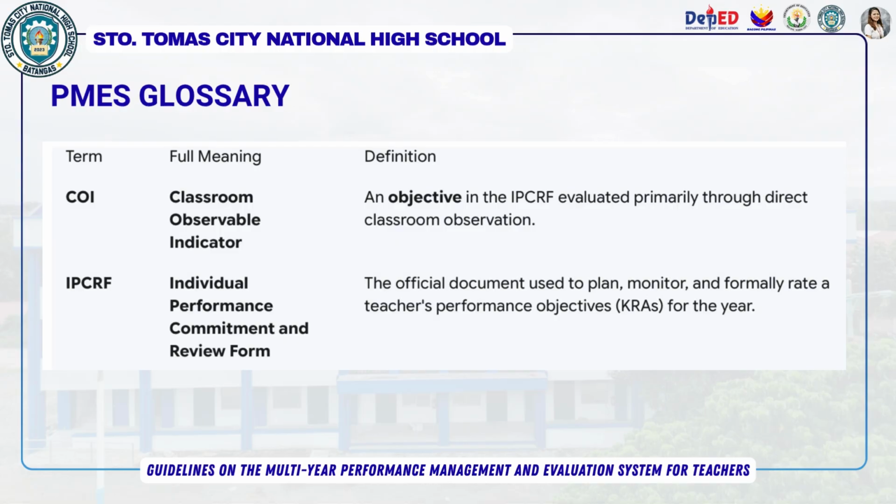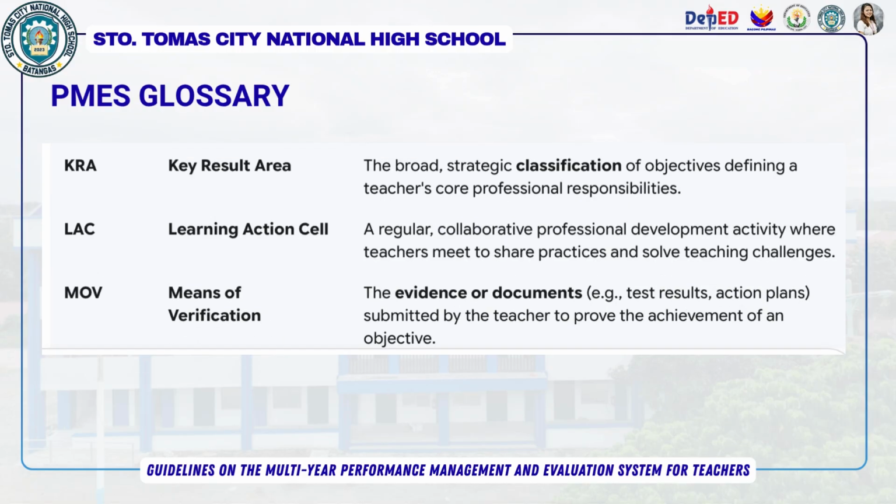The IPCRF, or the Individual Performance Commitment and Review Form, the official document used to plan, monitor, and formally rate a teacher's performance objectives, or the KRAs, for the year. KRA, or the Key Result Area, the broad strategic classification of objectives defining a teacher's core professional responsibilities.